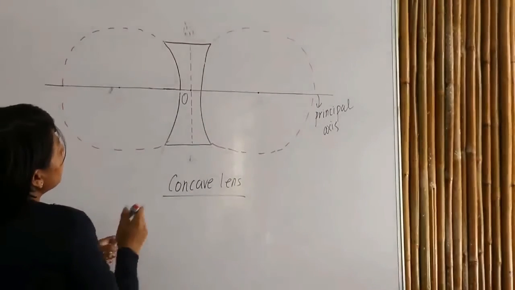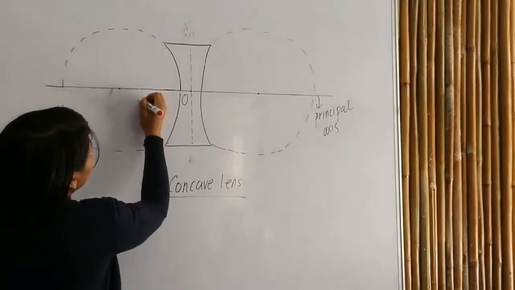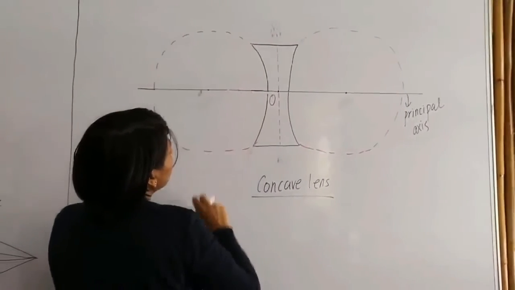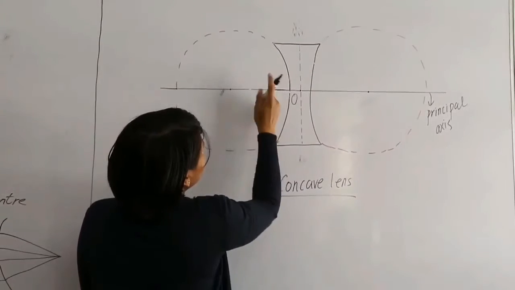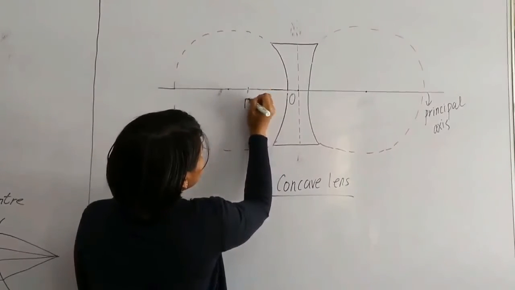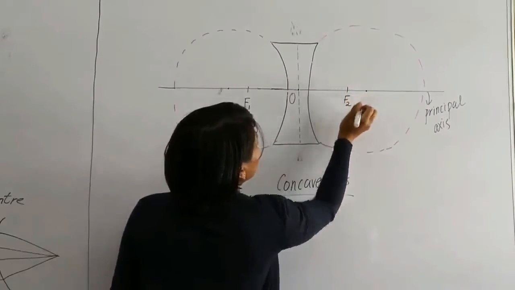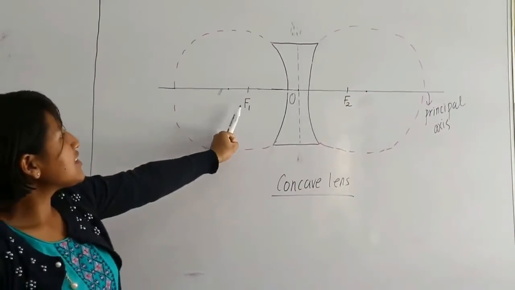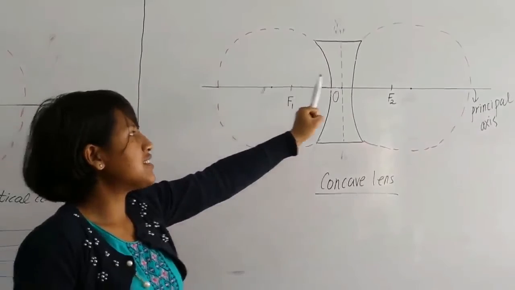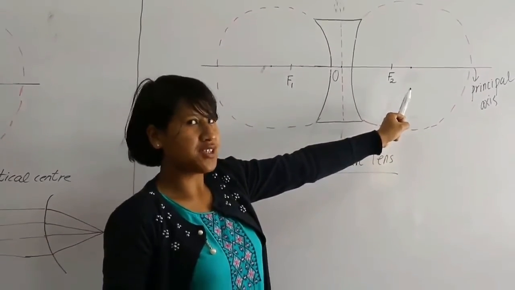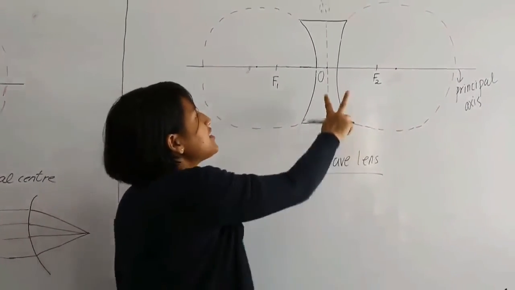In the case of the concave lens, F1 and F2. This is the first principal focus, this is the second principal focus, and make sure the distances are equal.